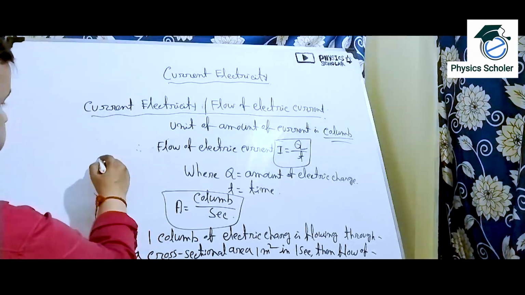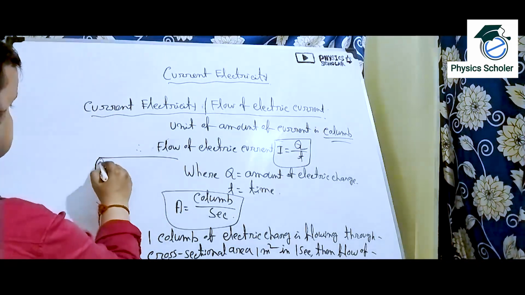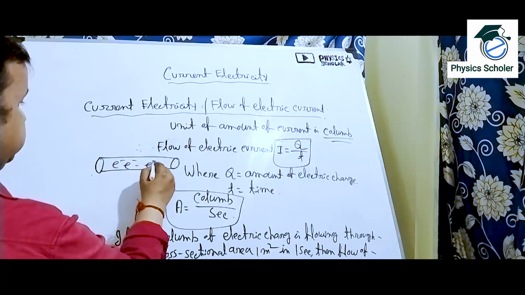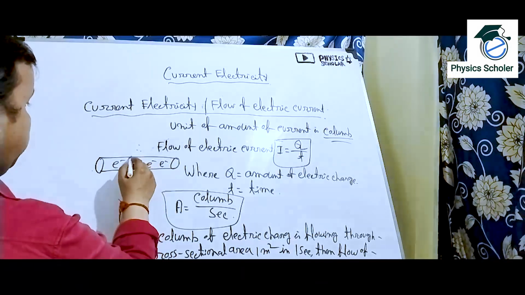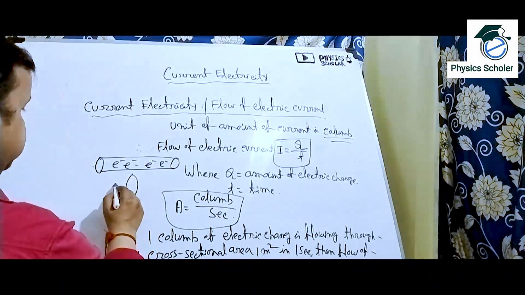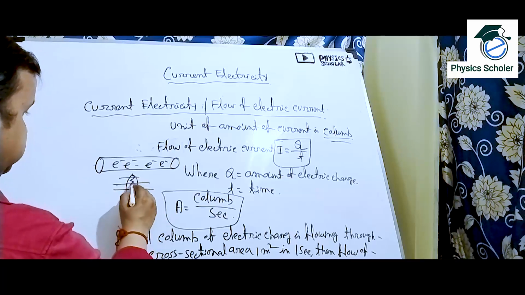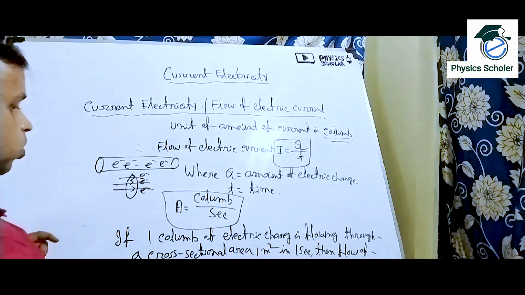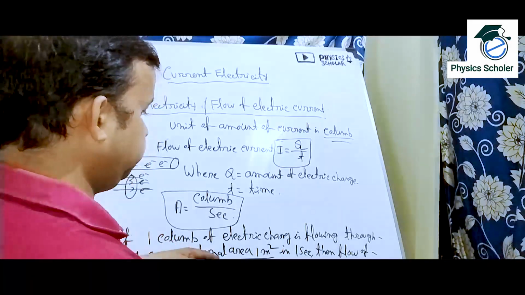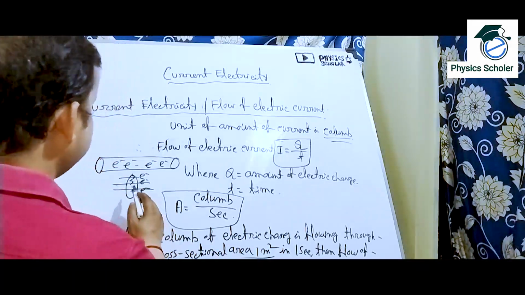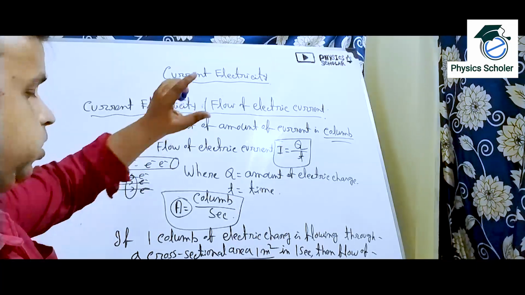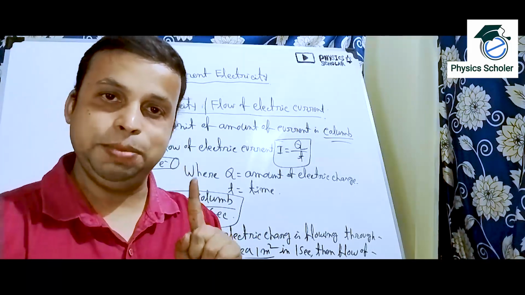So suppose this is the conductor. The electrons are flowing through it. So if 1 coulomb of electric charge is flowing through a unit cross sectional area, which we have assumed as 1 meter square, in 1 second, then the flow of electric charge through this conductor is known as 1 ampere.